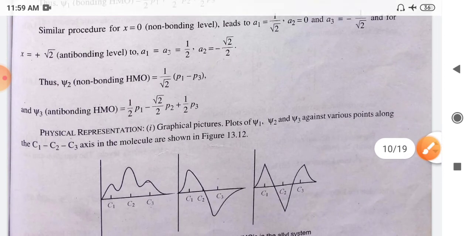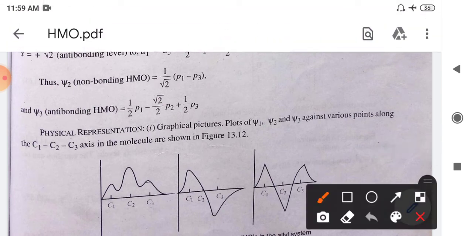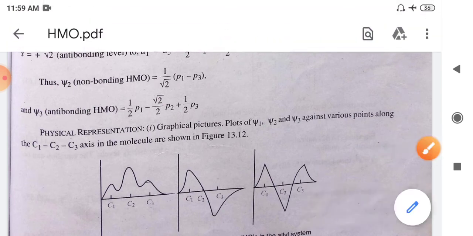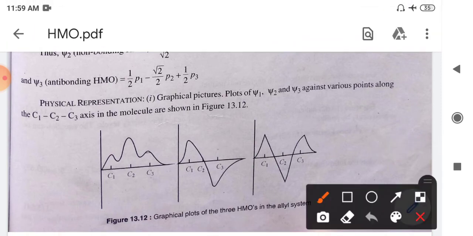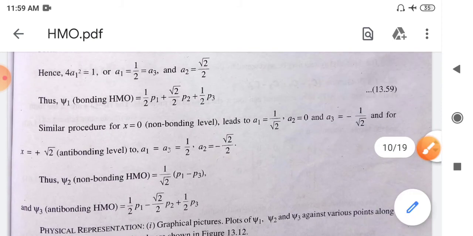Now what is the physical representation? There we just need to see the sign and the magnitude of the given wave equation. So first, the bonding orbital has all signs positive, with the magnitude of the middle term, that is the second orbital, p2, being maximum.